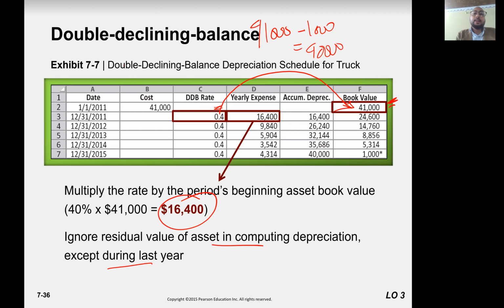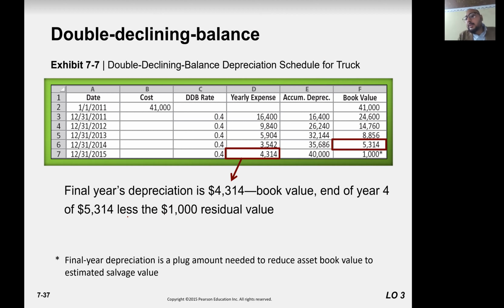But the double declining balance method is using book value, 41,000. All right. So what is the last or final depreciation? It is the book value less the residual value. Guys, you understand?